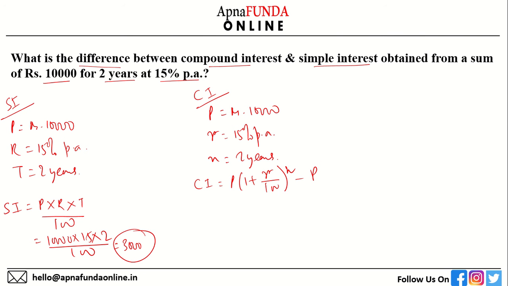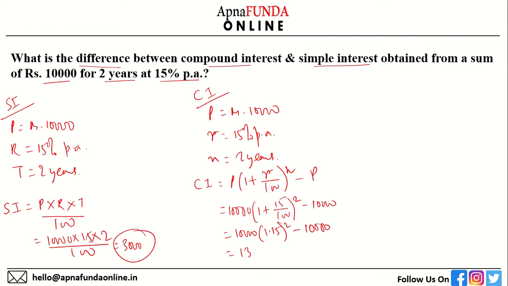Let's solve this. So this will be 10,000 into 1 plus 15 by 100 to the power 2 minus 10,000. So this will be 10,000 into 1.15 squared minus 10,000.